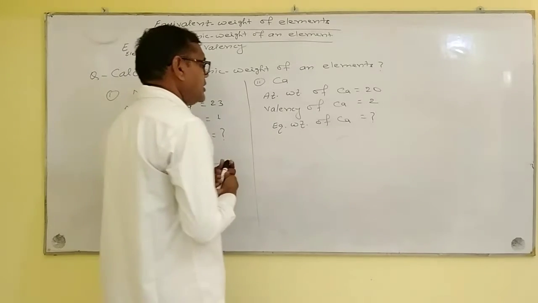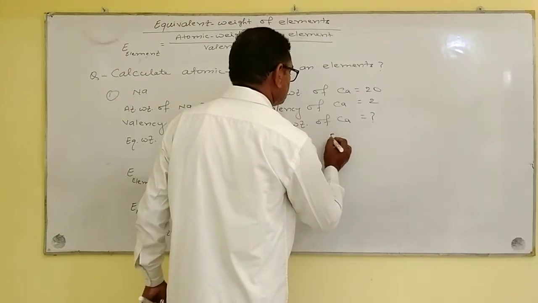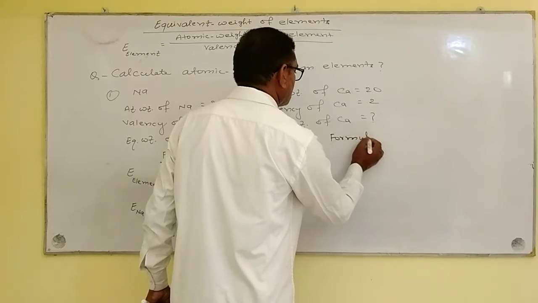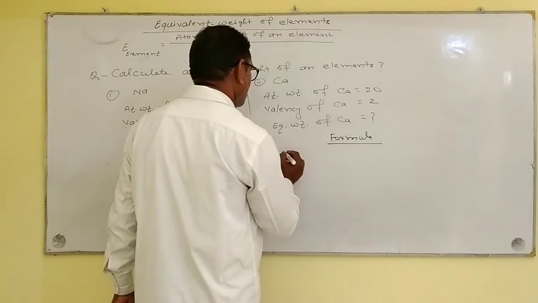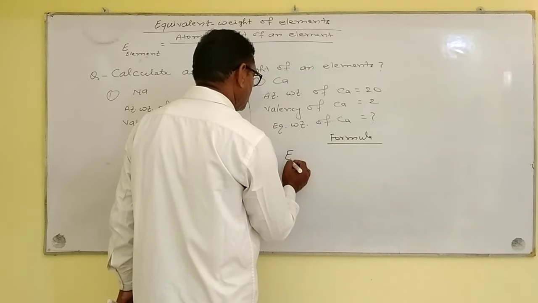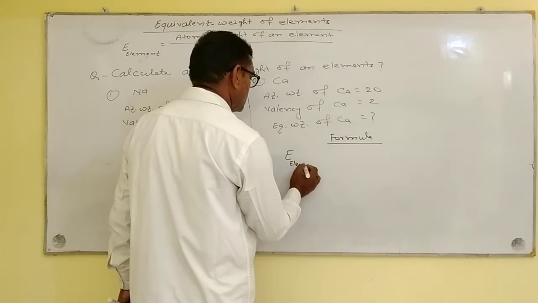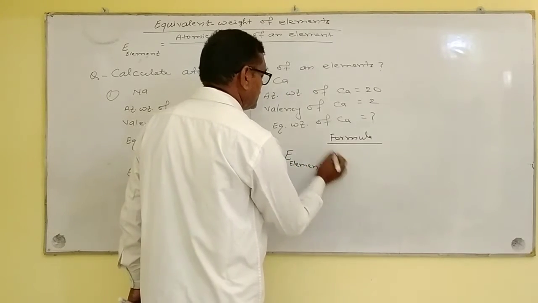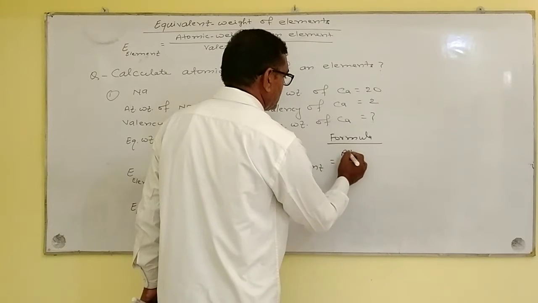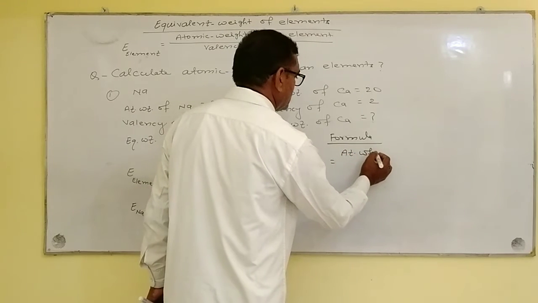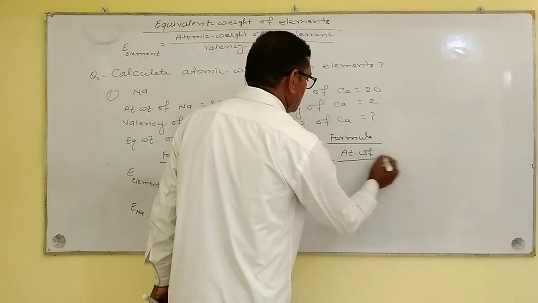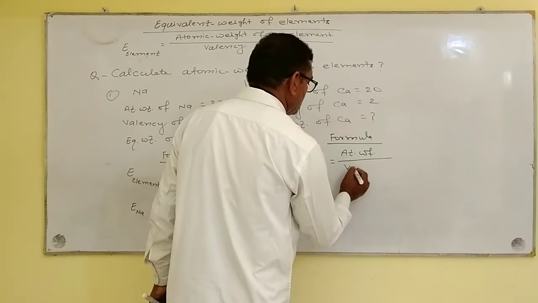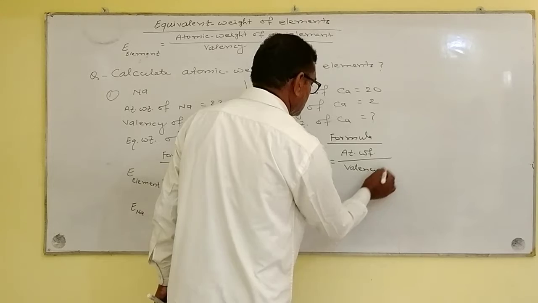We write the formula: equivalent weight of element is equal to atomic weight upon valency.